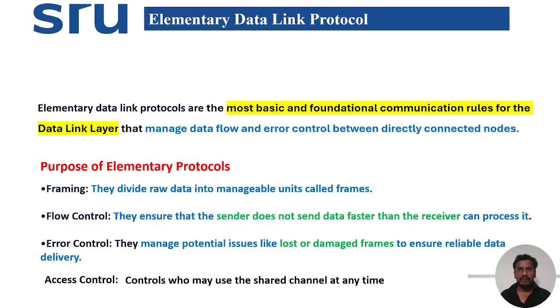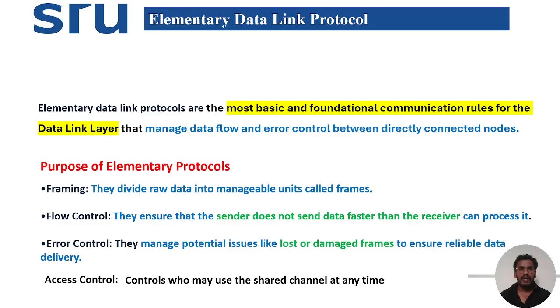We need to frame the data in a manageable way to send it from one node to another. Next is flow control, which ensures that the sender does not send data faster than the receiver can process it.